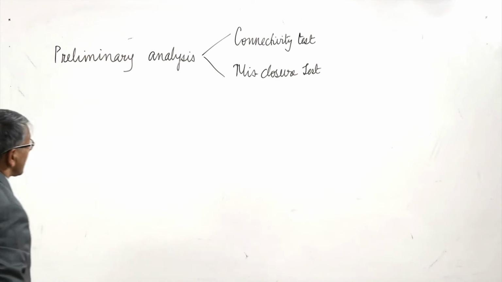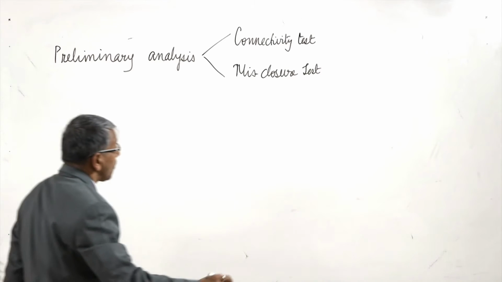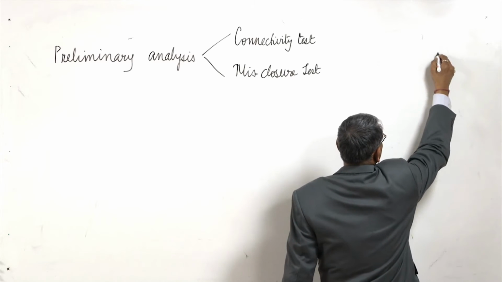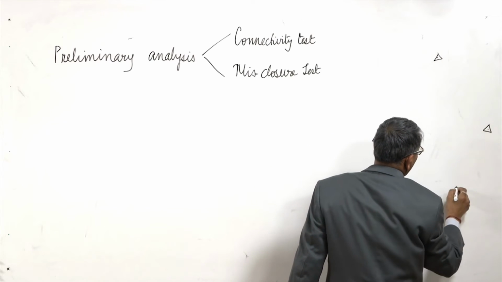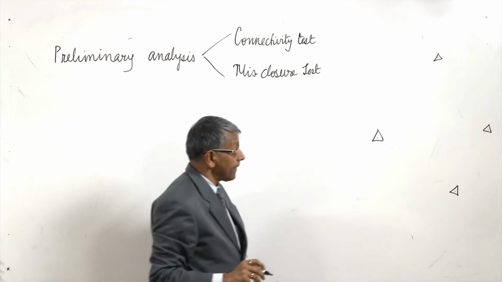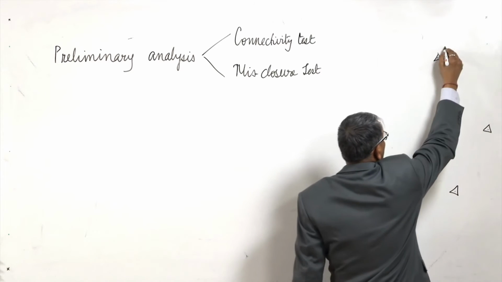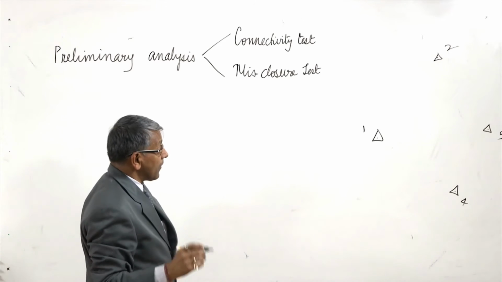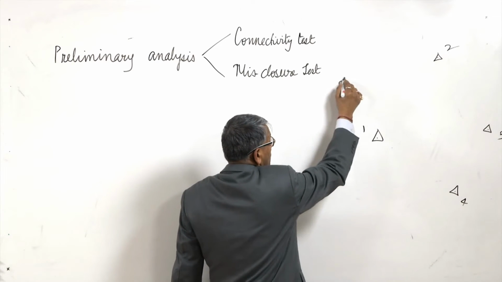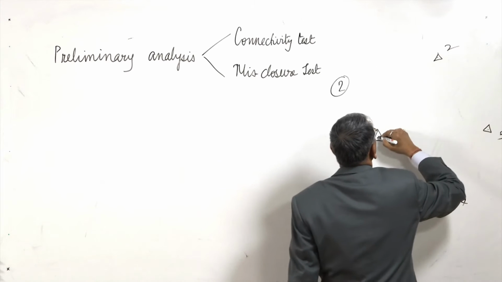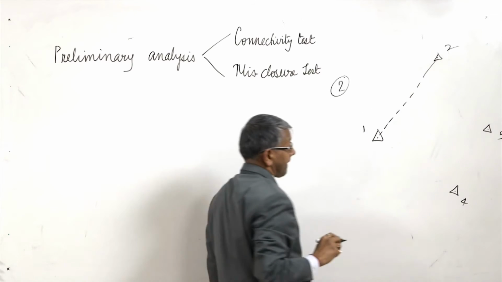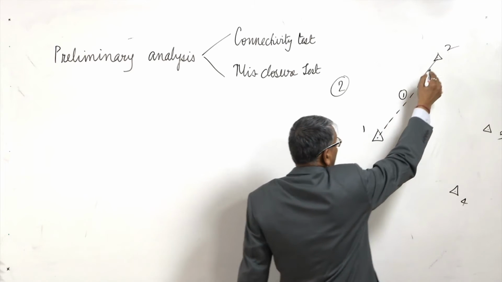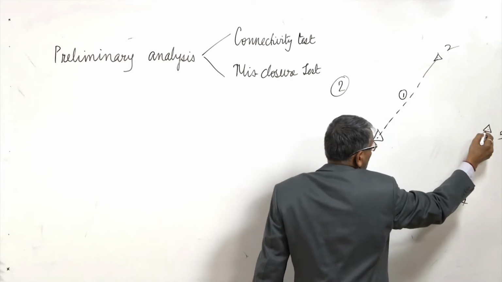Now under the connectivity test we see whether the stations are connected. Suppose I have 4 stations where the observations are taken, 1, 2, 3, 4. Suppose I have 2 receivers, so I will take the observation between these 2 stations first, then I will move the receiver from here to here.